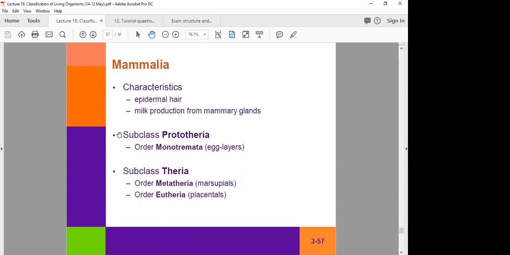Two subclasses within class Mammalia, subclass Prototheria, which includes the order Monotremata, the monotremes, the egg-laying mammals. And then we have subclass Theria, which includes the marsupials and the placental mammals. So we'll visit them very briefly.